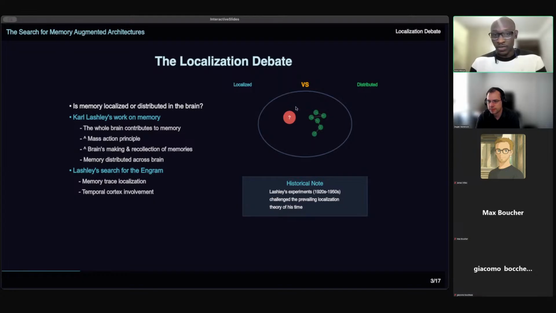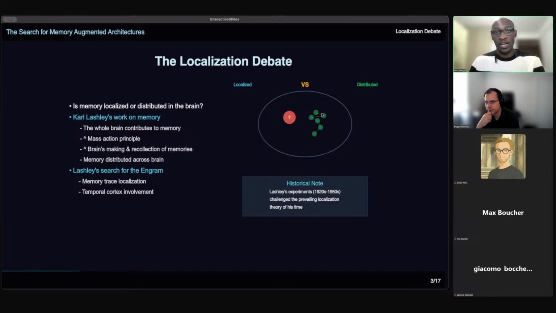Localization just means that one section of the brain is responsible for memory, whereas distribution means every neuron contributes to memories. This is interesting because if memory was localized, you could just focus on one area, just like computers do.